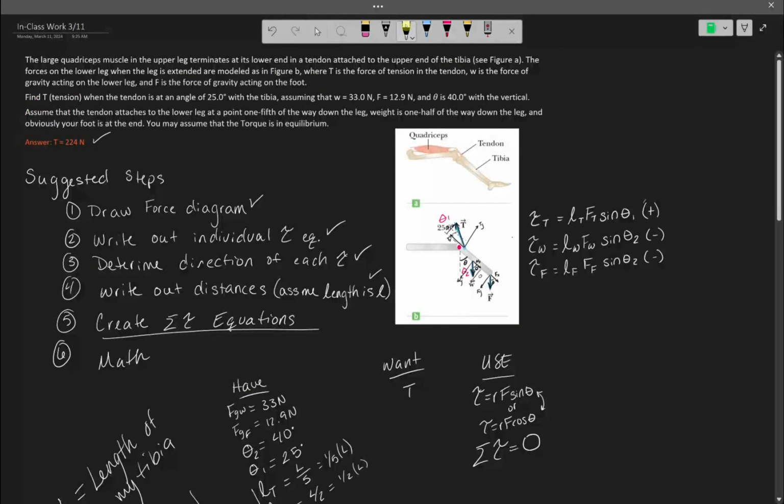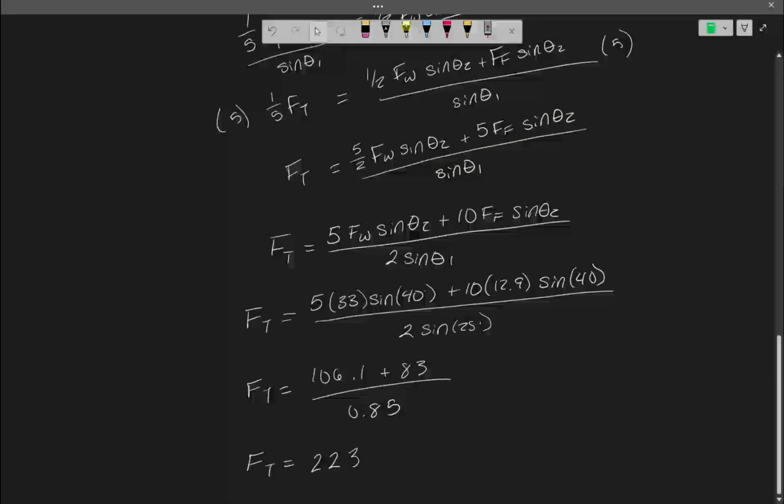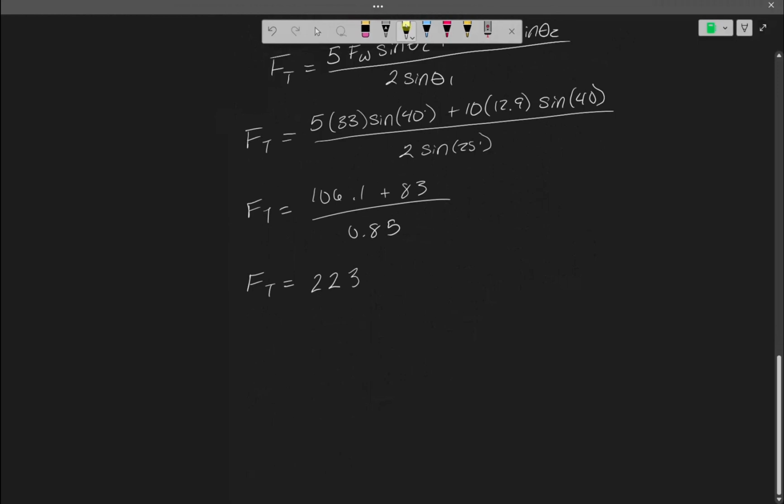My answer should have been 224, so this is close enough for me to consider it to be correct, but with some amount of rounding errors that I incorporated there. I would probably get closer to the correct answer if I had pulled my sine of 40 out and done this calculation, but for me, this is close enough to feel like it is correct and that my approach was correct.